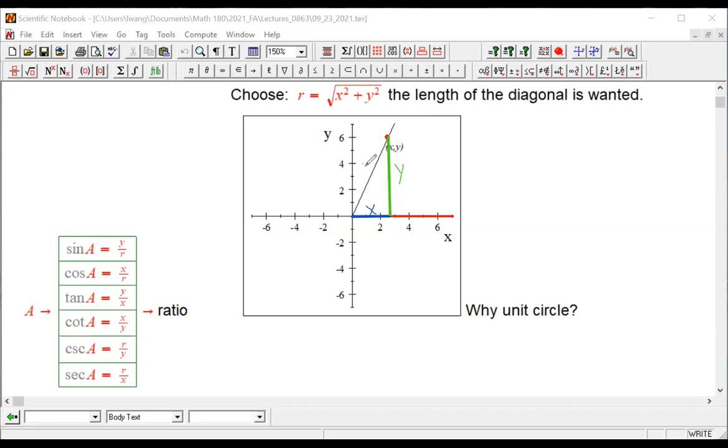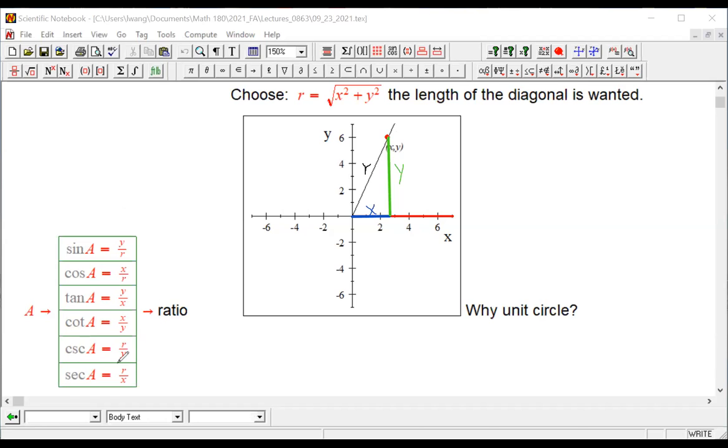Imagine this is the radius, and I draw a circle. This radius obviously is not 1, so the point I have chosen is not on the unit circle.